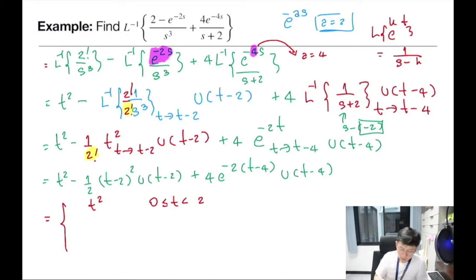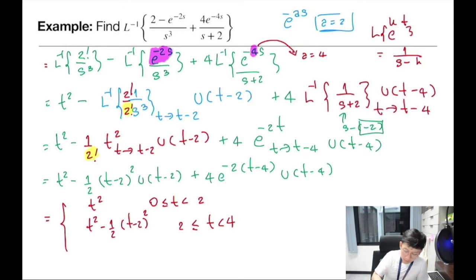Okay, and it would be t squared minus 1 half of t minus 2 squared when t is less than 4.